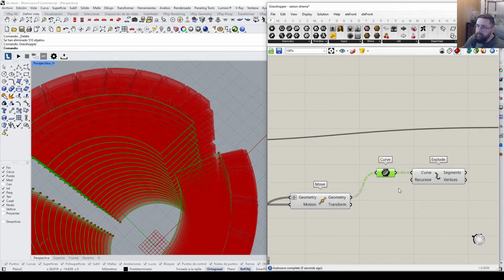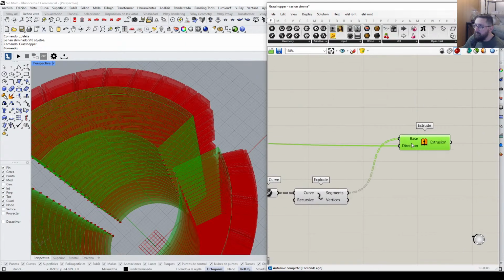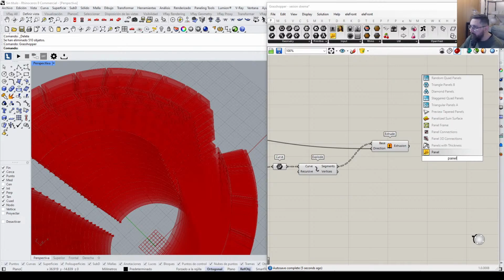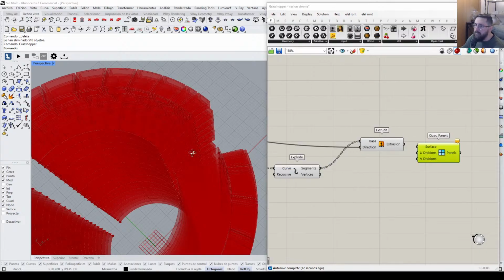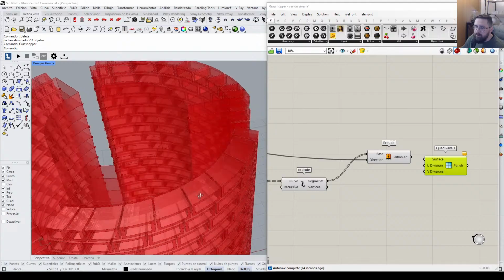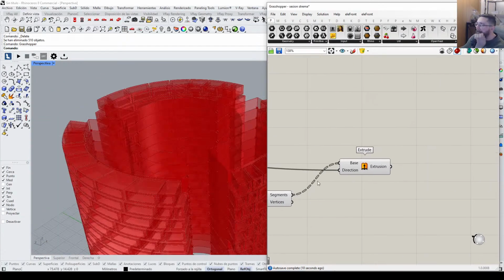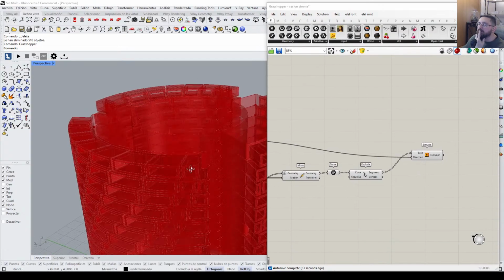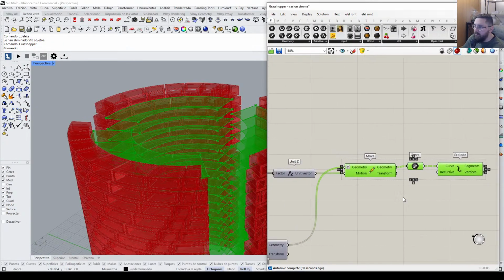Much easier way is going to be to do this. Quad panels. Oh, actually no. I want to do something else. Much better. Much cooler.